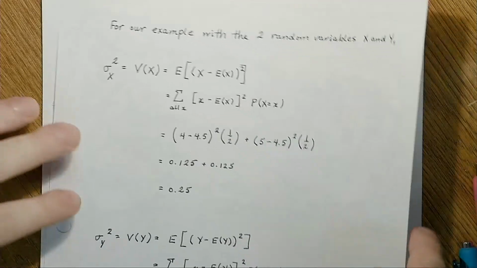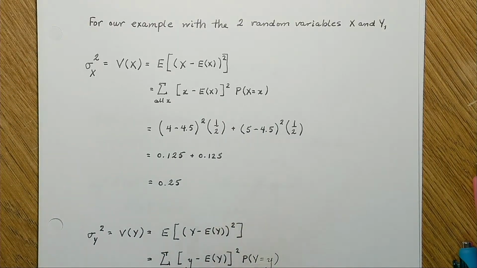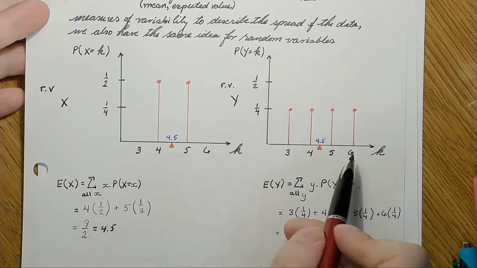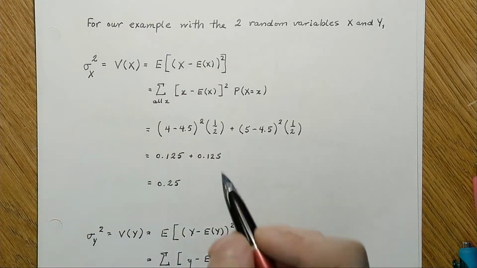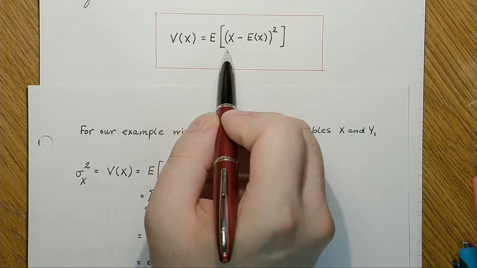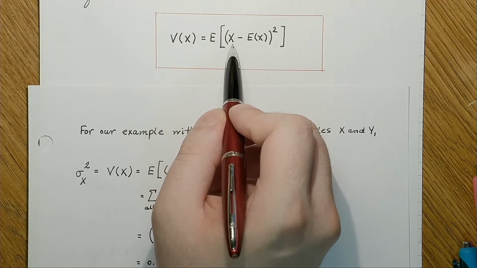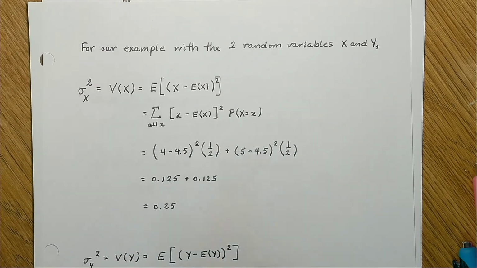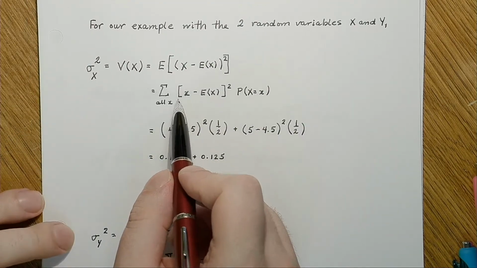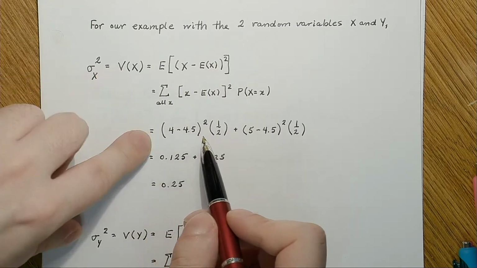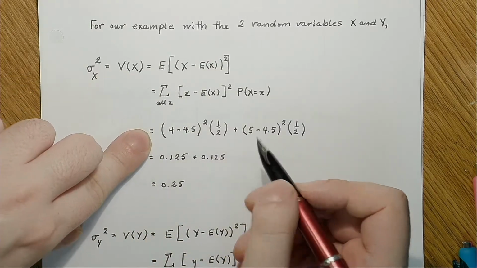Now going back to our example with the two random variables, here's my distribution, here's my other distribution. I can use the formula that we had specified. Again, the variance is equal to the distance from the expected value, all squared. So we can pass that in. Here it is. I'm just working out the variance using the definition.